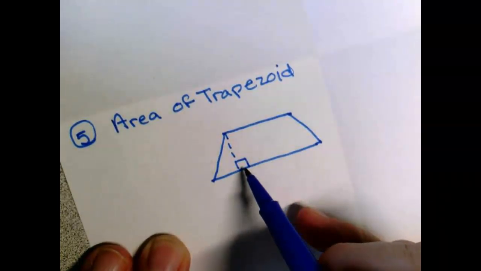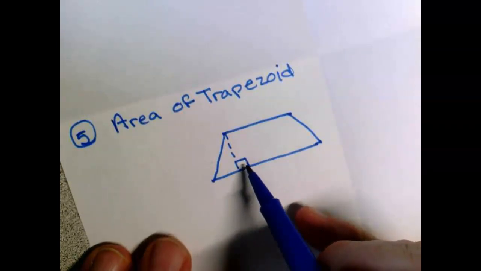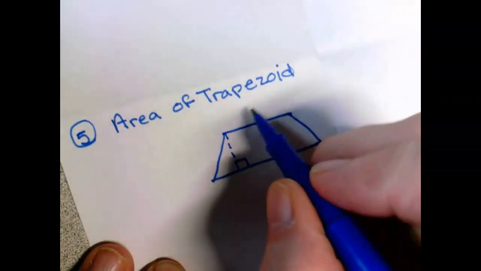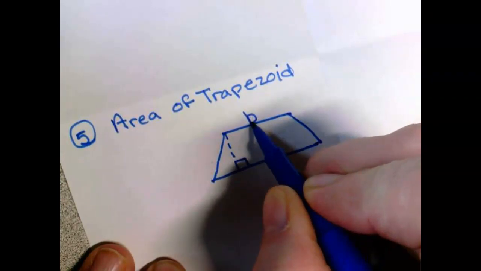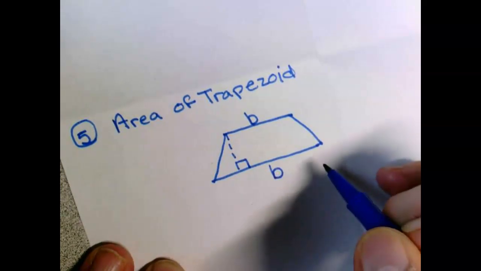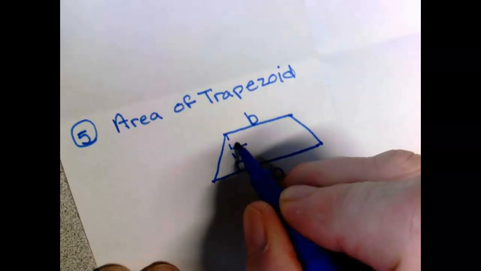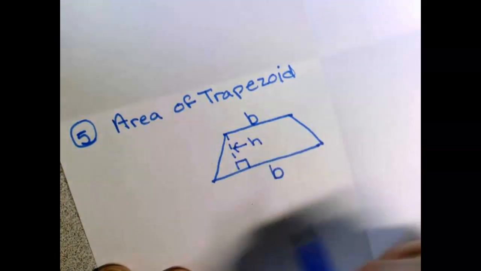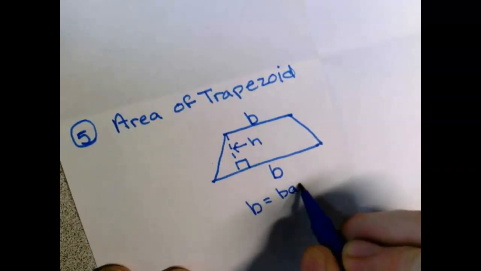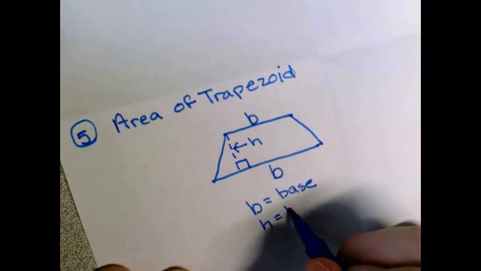We know it's perpendicular because it shows us our 90-degree angle symbol here. And this is a base. Remember, we're going to have two bases. And this is a base. And this is our height right here. So remember, B equals base and H equals height.